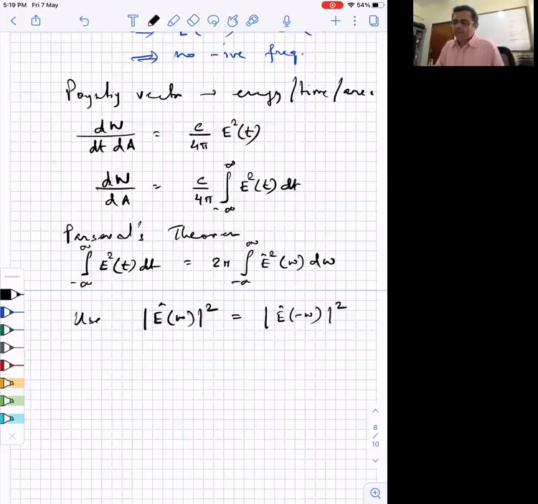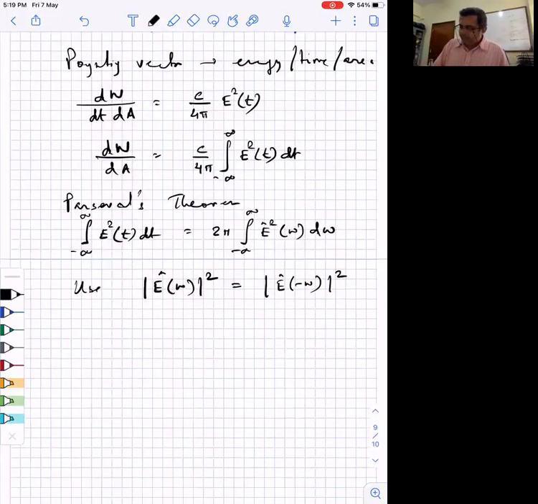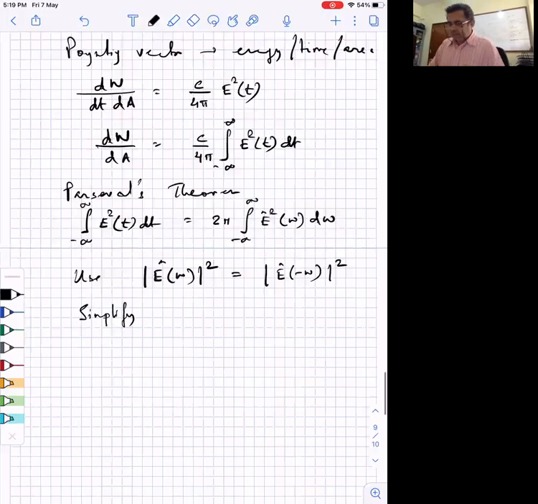Okay. So when I do this, I can simplify, putting it in the previous equation, and then this 2π will become a 4π.